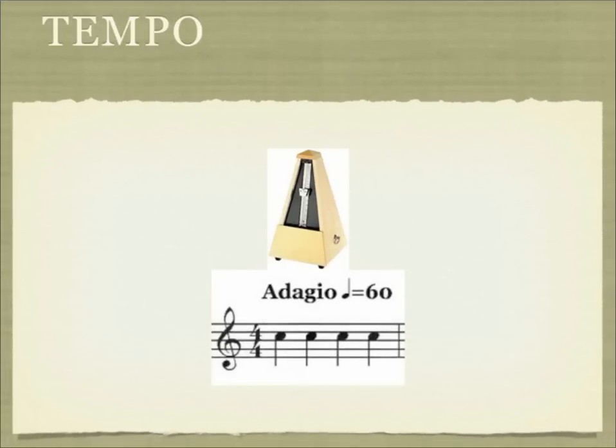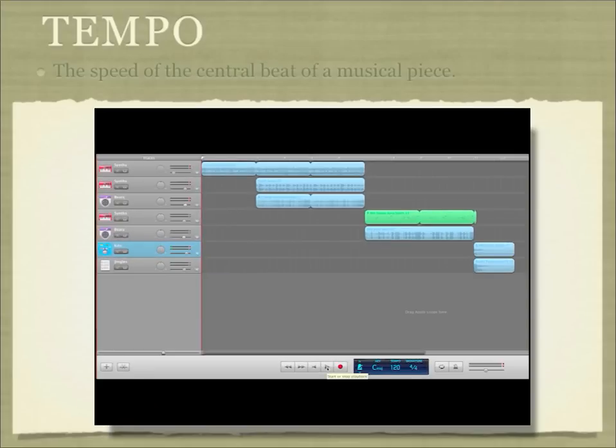Tempo is the speed of the central beat of a musical piece. The tempo is a steady or constant pulse upon which the melody, harmony, and rhythms are structured. In this example, first you're going to hear a moderate tempo, followed by a fast tempo. Notice that the tempo on the bottom is set to 120.